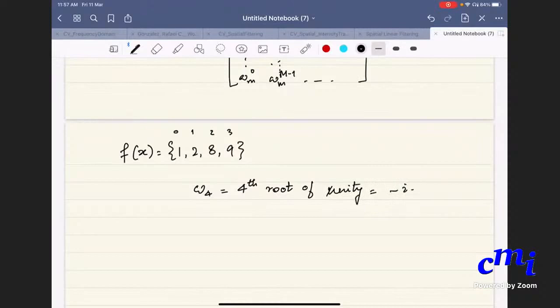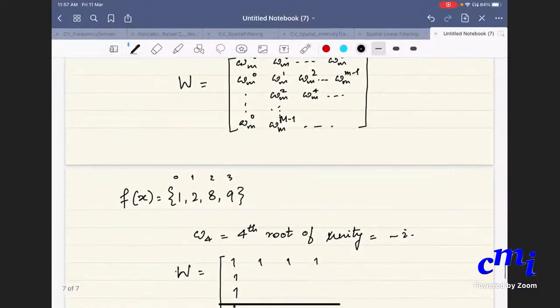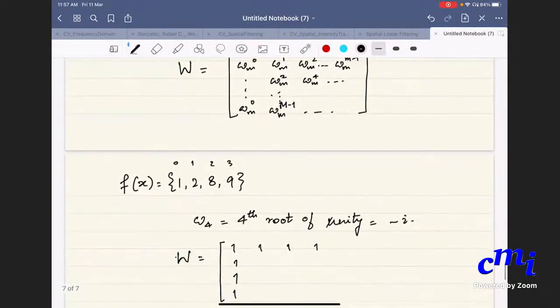Therefore the matrix W in this case will be, well, omega 0 everywhere, so that's all ones. Then you will have omega 4 raised to 1, omega 4 squared, and so on. So this is going to be minus i, then the square of that, so minus 1, then i.